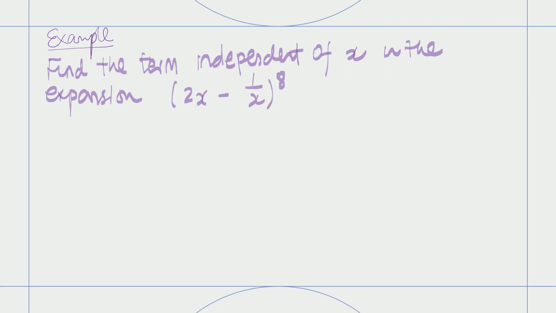If you have a question like that, you're not told exactly where this term independent of x is. Is it the middle term? Is it the fifth term? Is it the sixth term? Or is it the seventh term? We do not know. So how do you go about finding this term?